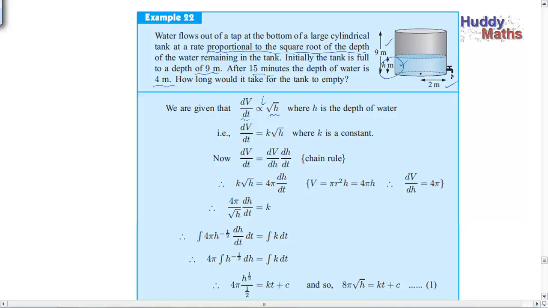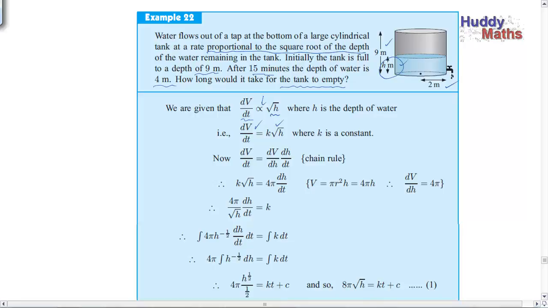So what that means is the rate of change is k times root h. So let's now have a look at this and see what we can do. We want to know how long it would take for the tank to empty, and the depth of water is 4 after 15 minutes. So what can we do here? Well, let's have a look.